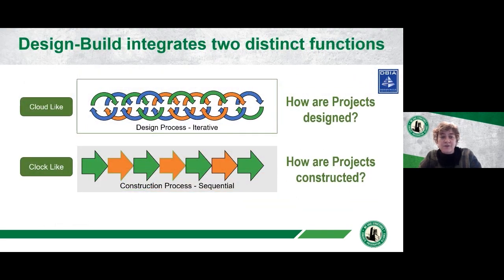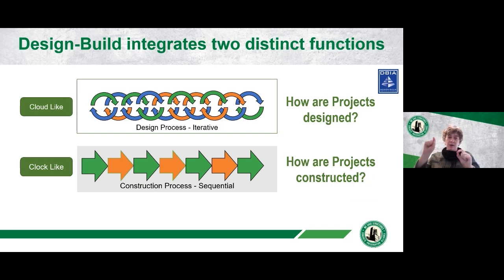Integrating these two distinct functions, design has an iterative approach, because every time you make a decision, say you change the operating pressure within a pipeline, or you change the load rating capacity on a bridge, it spirals through the rest of the whole design process and can impact a variety of other decisions.